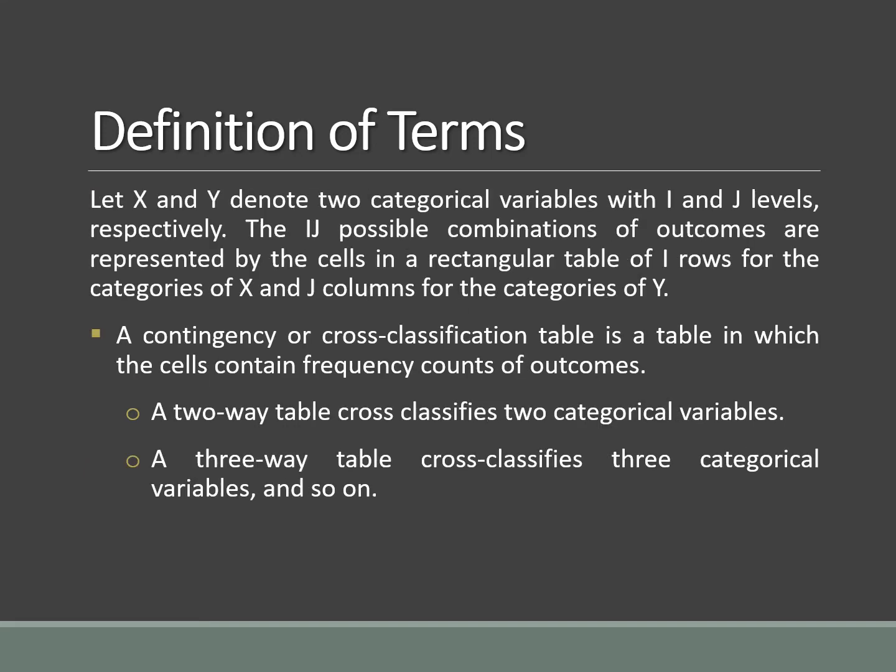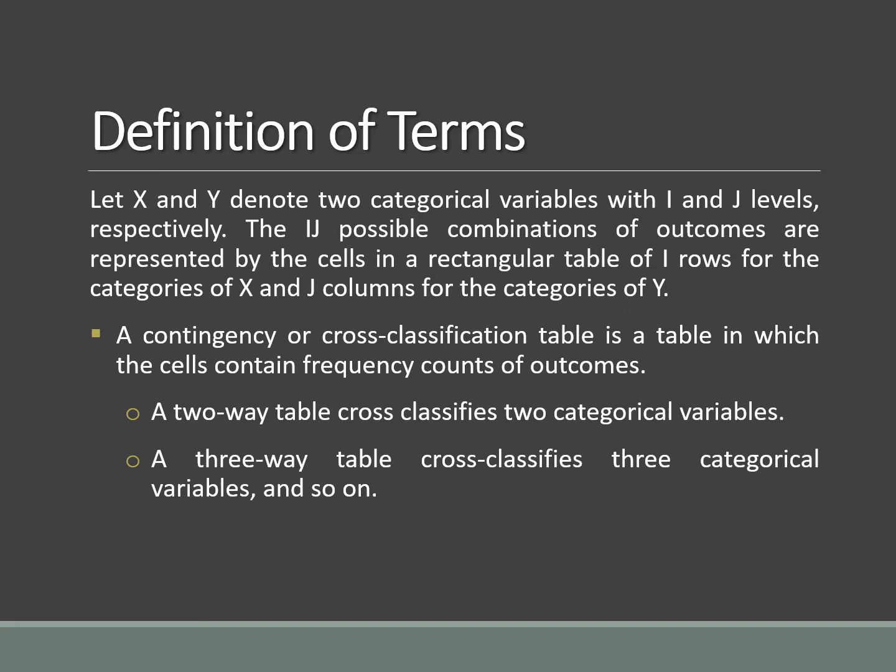To add some more terms, let x and y denote two categorical variables with I and J levels respectively. They would have I times J possible combinations of outcomes, which are represented by the cells in a rectangular table of I rows for the categories of x and J columns for the categories of y.